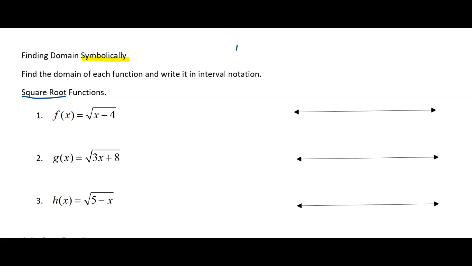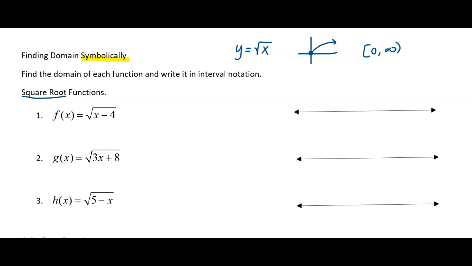As a reminder, we have covered the square root function as a graph, and we know how that looks. It starts at 0, 0, and then shoots off to the right. That basic function has a domain of 0 to infinity with a bracket on the 0, because everything inside the root needs to be positive or 0.